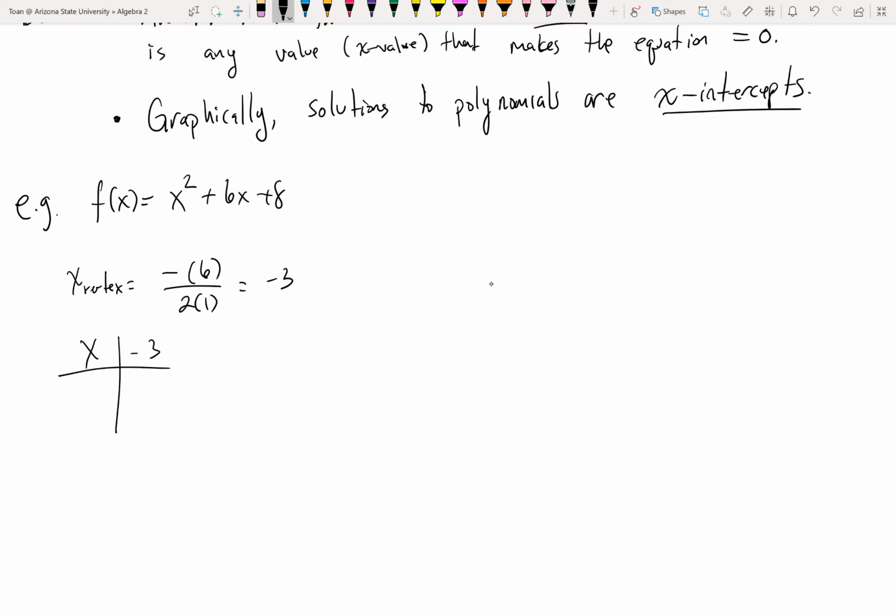So let's say I had negative 3, negative 4, negative 5, and I were to plug these in. Plug in a negative 3, that's going to give you a 9 minus 18 is a negative 9, so that's a negative 1. Plug in a negative 4, you get a 0. Plug in a negative 5, you get 25 minus 30, which is negative 5, plus 8 is a 3. Wow, that took me a while.